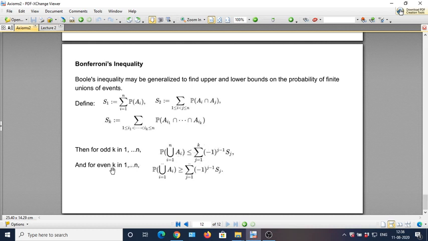If k is even, then this value will be less than the actual value. So that is what this relationship tells, which we have already emphasized in the last lecture also. Thank you.